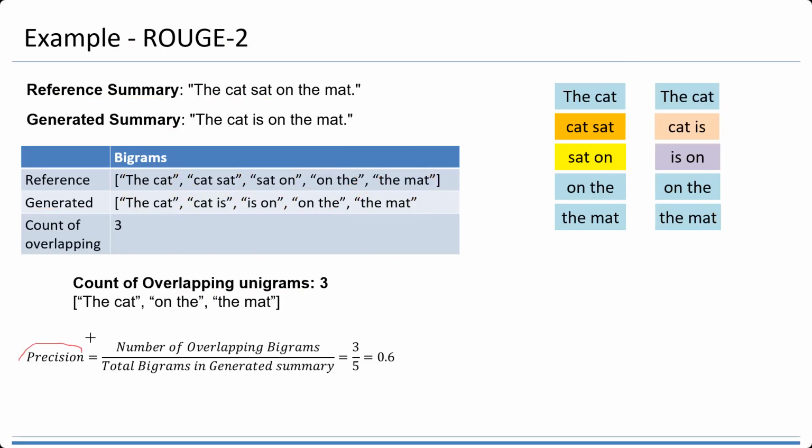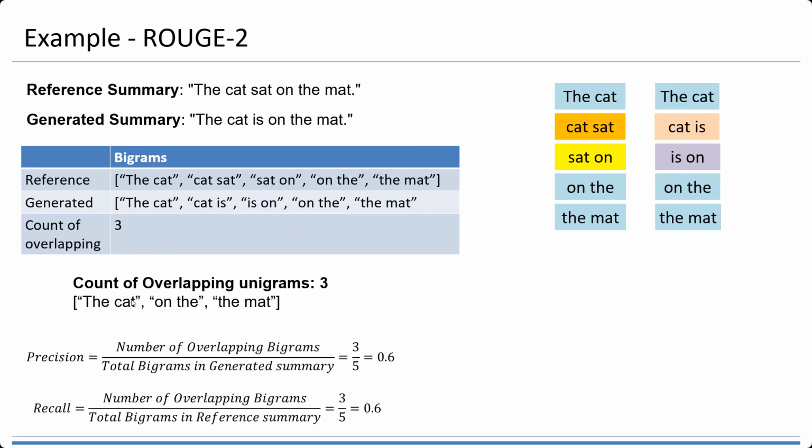The precision is the number of overlapping bigrams, which is 3, divided by the total bigrams in the generated summary. In the generated summary, we have 1, 2, 3, 4, 5. Then the precision is 3/5, 60%.